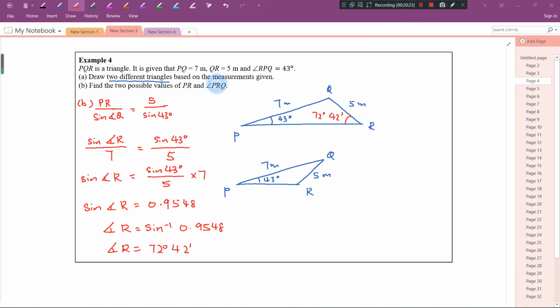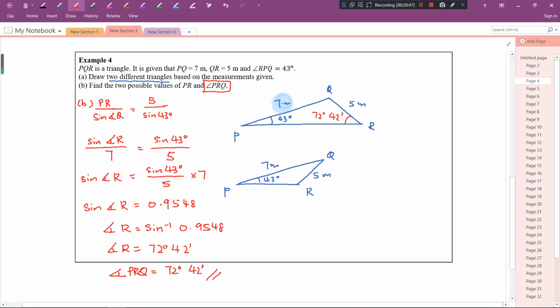We actually already got the answer for PRQ, because the question also asked us to find angle PRQ. So PRQ is equal to 72 degrees 42 minutes.